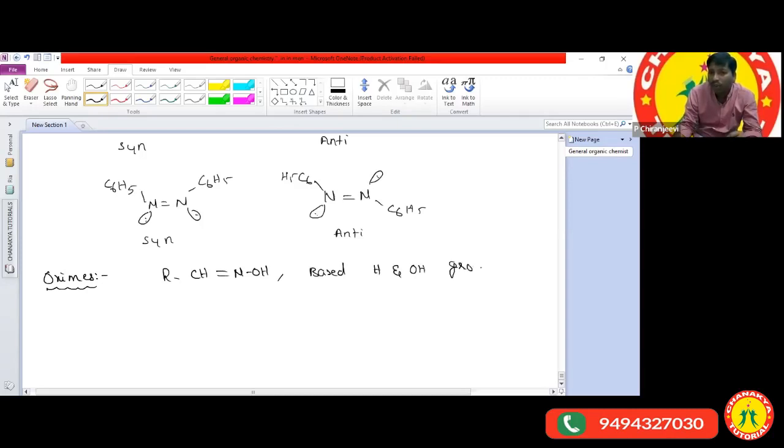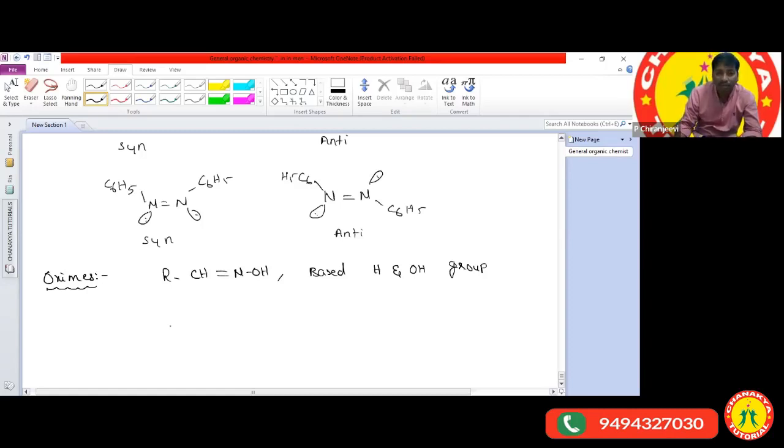If the H and OH groups are present at the same side of the double bond, it is called syn. If H and OH are present at the opposite side of the double bond, it is called anti.